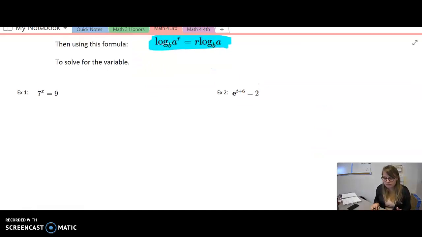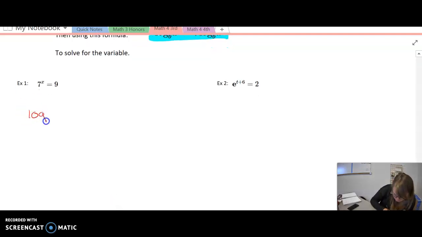So for our first one, we have 7 raised to the x equals 9. And here I know my bases are not the same. I can't change 7 or 9 to get to the same base. So I'm going to take the log of both sides. So I have log of 7^x equals the log of 9.